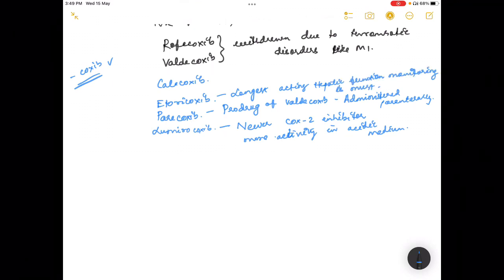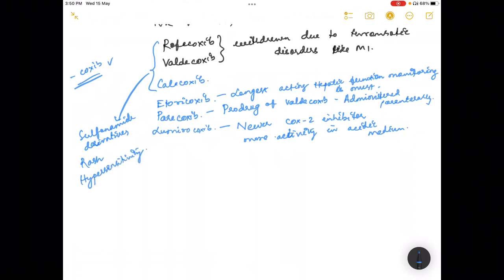Celecoxib, rofecoxib, and valdecoxib, these three are sulfonamide derivatives. So they have the propensity to cause rash and hypersensitivity also. In this group we need to remember that the suffix is coxib. The drugs are rofecoxib, valdecoxib, celecoxib, etoricoxib, parecoxib, lumiracoxib.